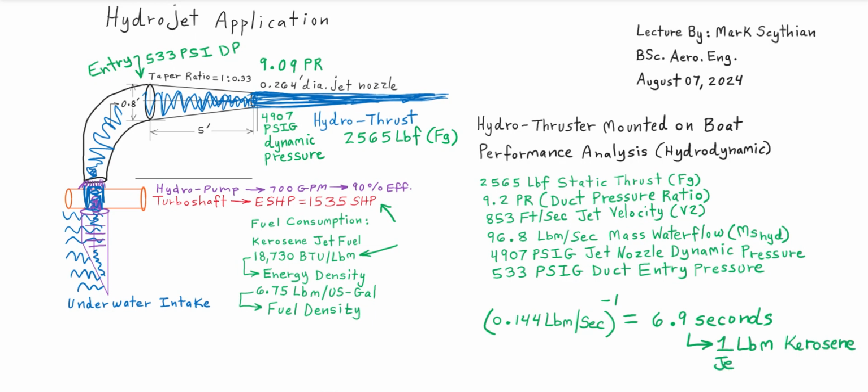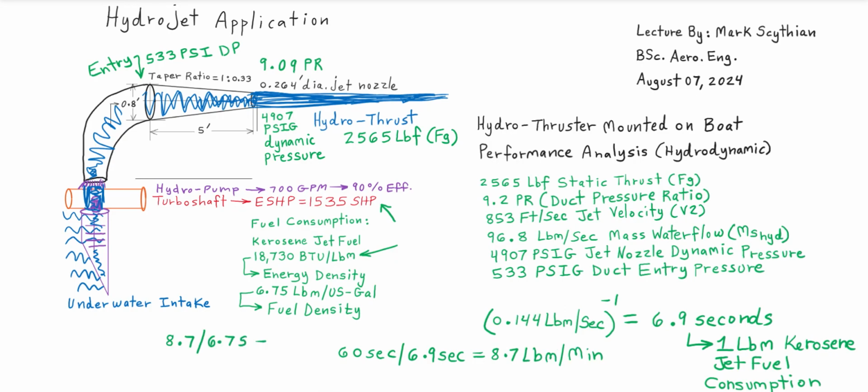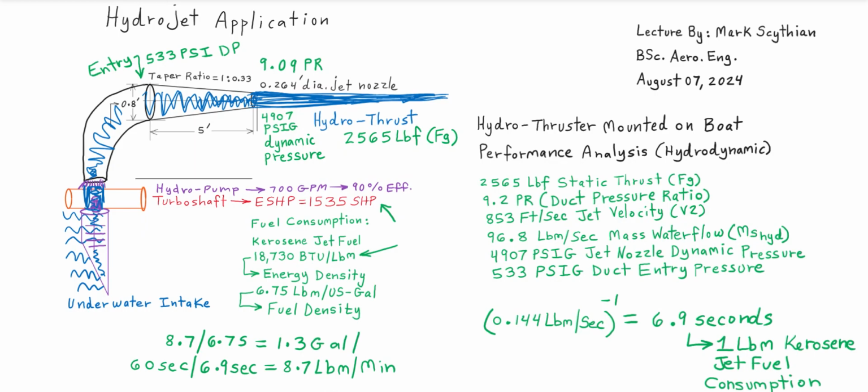So if we want to figure out what the gallons per minute fuel consumption is, we first could divide 60 seconds by 6.9, so that's 8.7 pounds per minute kerosene jet fuel consumption, and then divide that value by 6.75. So this will burn 1.3 gallons per minute fuel consumption.